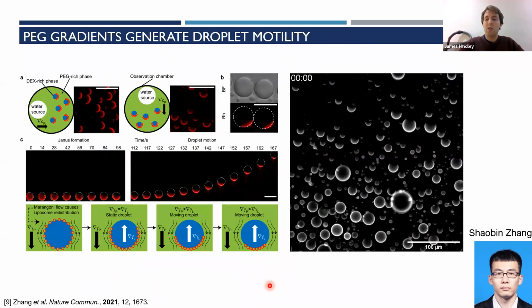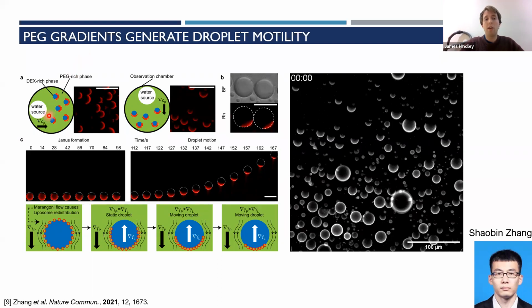Okay. I should say this work was really led by Xiaobin Zhang, who's just finished his PhD in our group. And what Xiaobin found out was actually that these droplets could respond to a PEG gradient.